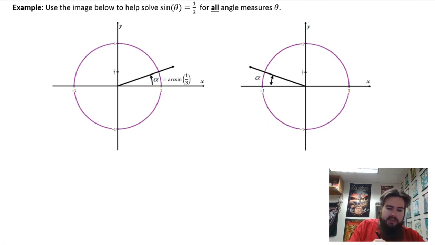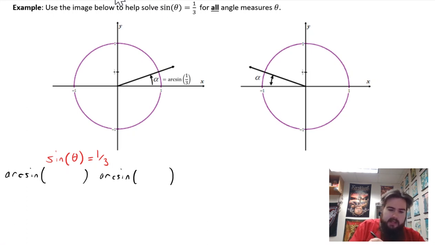If I have just sine of theta equals 1/3, and my goal is to get theta by itself, what I'm going to do is apply the inverse sine function, or arcsine, to both sides of this equation.